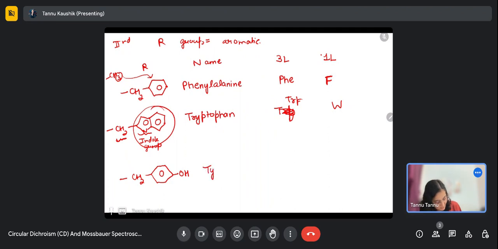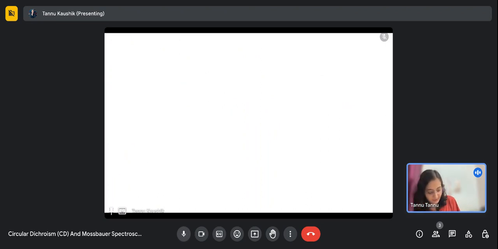So this is the tyrosine amino acid. These are the three-letter and one-letter codes. Then the third group is polar functional groups. Structure, name, their three-letter code and one-letter code.